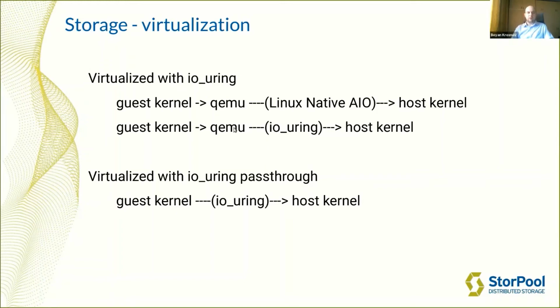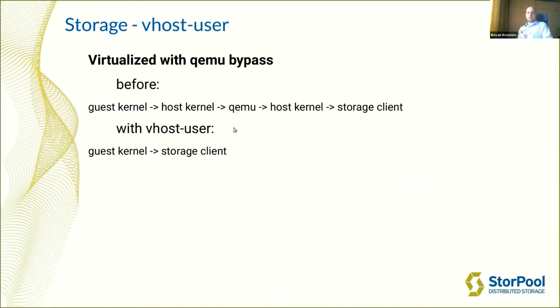And an alternative approach, so if you remember in networking, I mentioned that vhost-user with vswitch-DPDK, for example, for packet processing, can give you the lowest latency and highest throughput. A similar approach works with block storage. So instead of guest kernel, host kernel KVM to QEMU process, host kernel submitting I/O to the storage initiator, whatever that is, right?